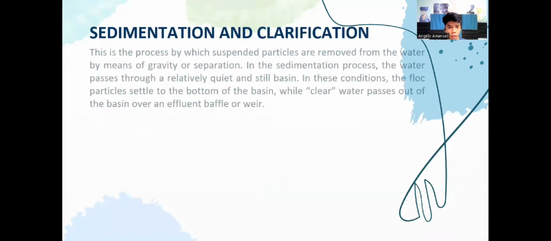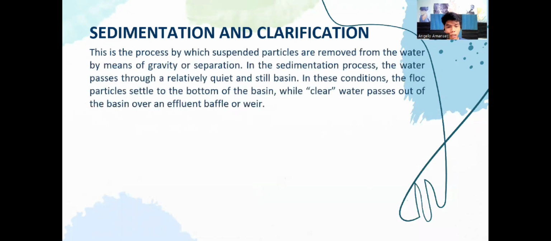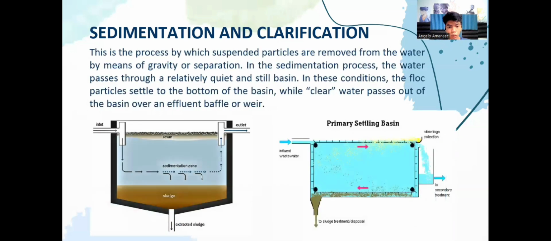Next is sedimentation and clarification. Sedimentation is the next step in conventional filtration plants. The purpose of sedimentation is to enhance the filtration process by removing particles. This is the process by which suspended particles are removed from the water by means of gravity or separation.